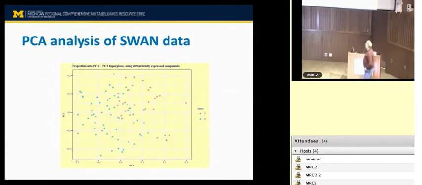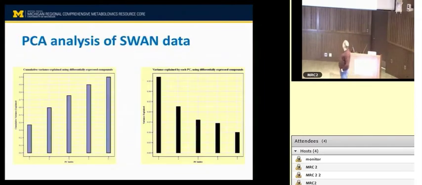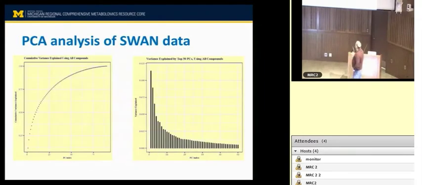So with the SWAN data set, with 2, even 3 principal components, we start getting a little bit more than 25%. They're not that strongly correlated.